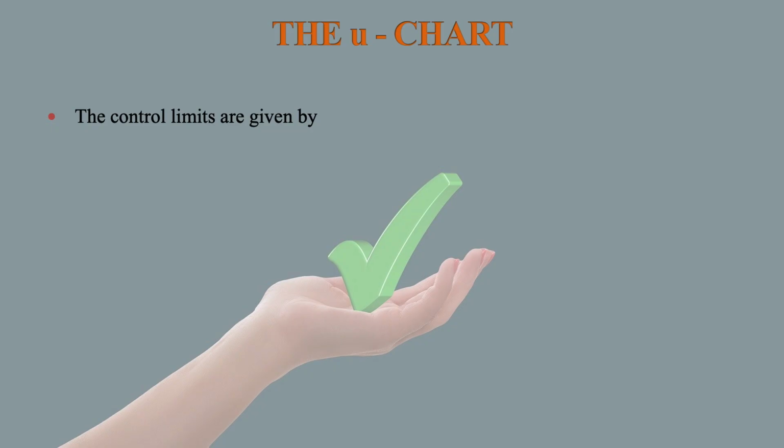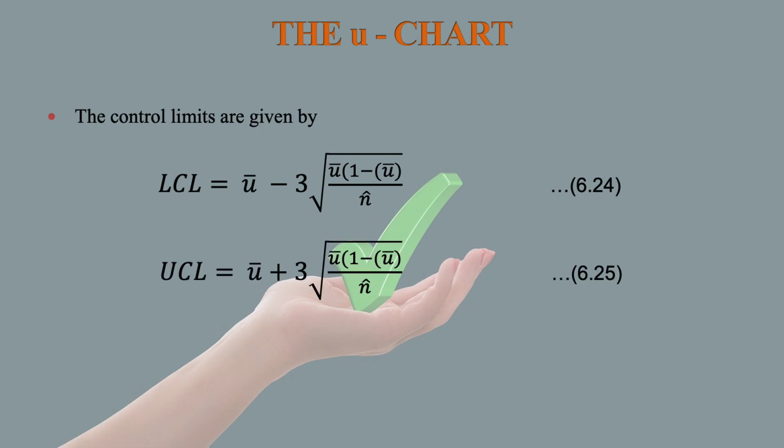The control limits are given by LCL, that is lower control limit, is equal to UR minus 3 under root UR multiplied by 1 minus UR divided by N cap, and UCL, that is upper control limit, is equal to UR plus 3 multiplied by under root UR multiplied by 1 minus UR divided by N cap.